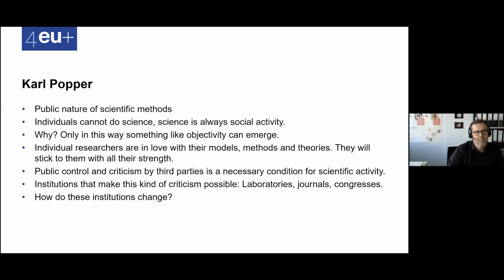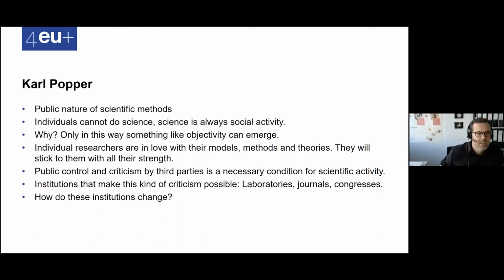So one of Popper's main points in his philosophy of science is that research is nothing individuals can do, but science or research is always some kind of social activity. And why is that?